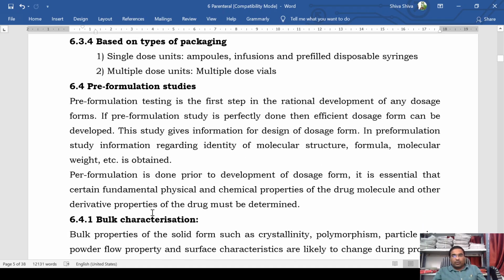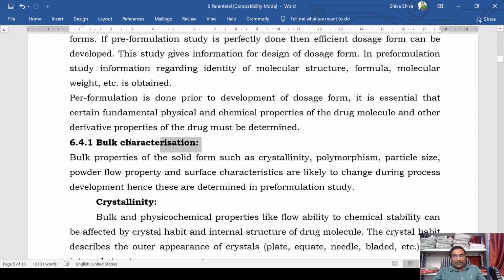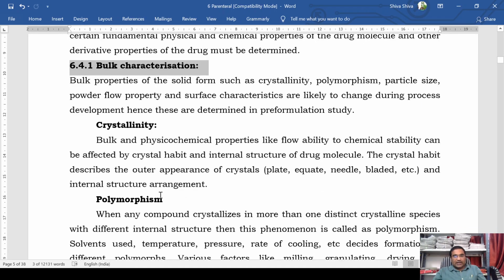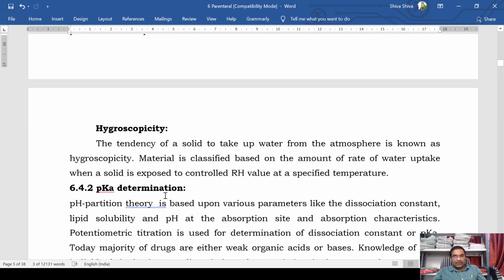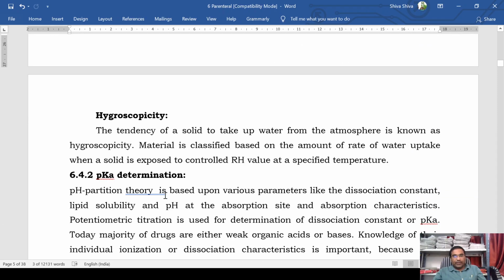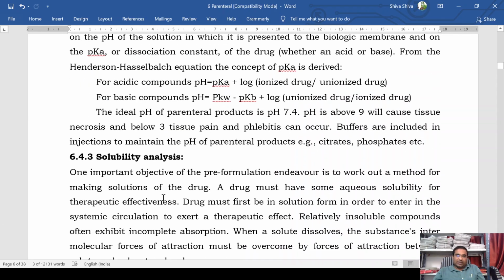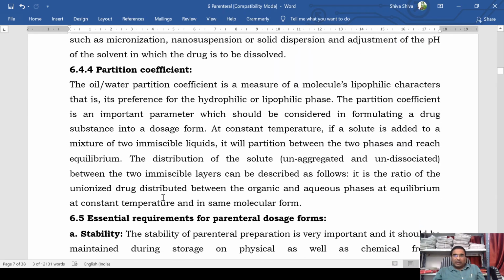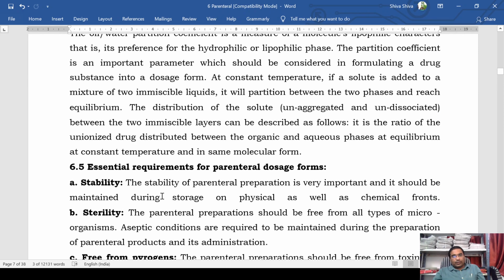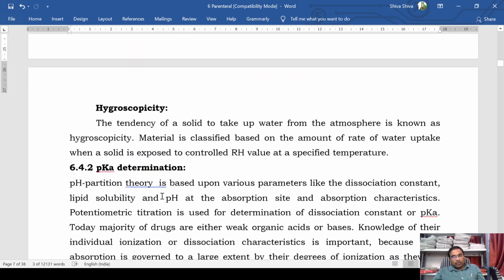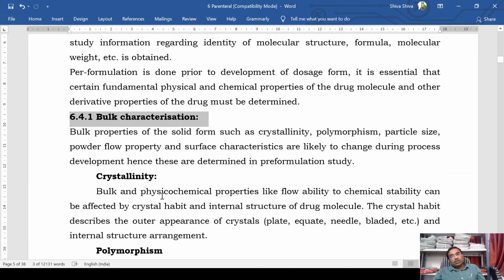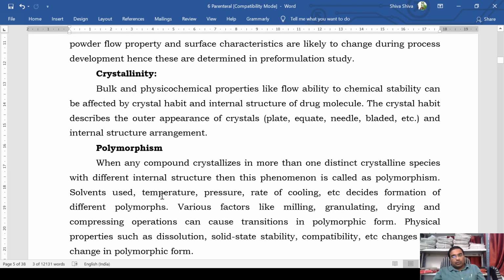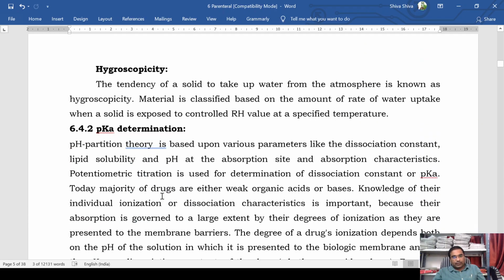So look, pre-formulation study involves bulk characterization like crystallinity, polymorphism, particle size, hygroscopicity, then pH determination, pKa determination, solubility analysis, partition coefficient. So these are the different pre-formulation parameters which are carried out before formulation development of any parenteral dosage form.